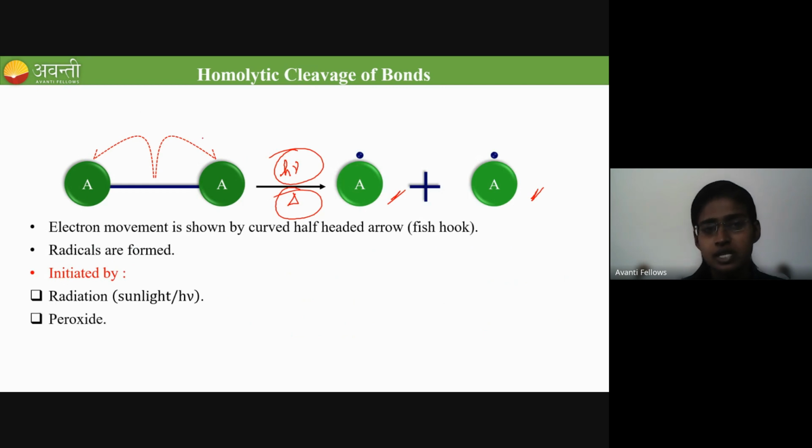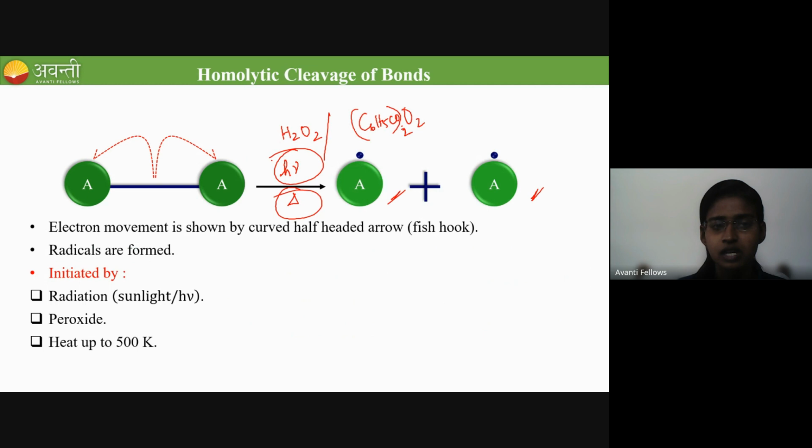If peroxide is there like H2O2, hydrogen peroxide, or C6H5 benzoyl peroxide, C6H5 twice and O2, this type of molecules will also lead to the formation of radical. And if you heat above 500 Kelvin, it will also lead to the formation of radical. Okay, this is about the homolytic cleavage.